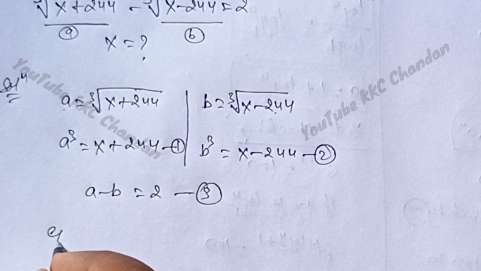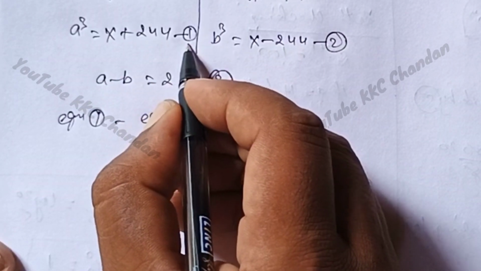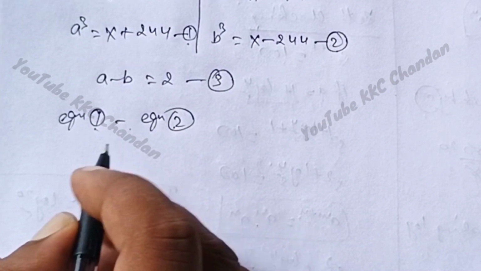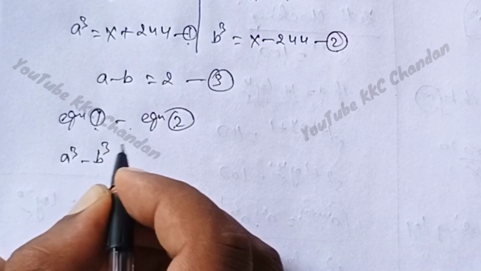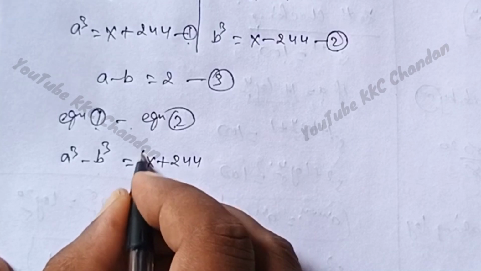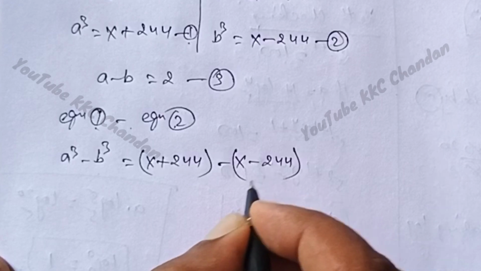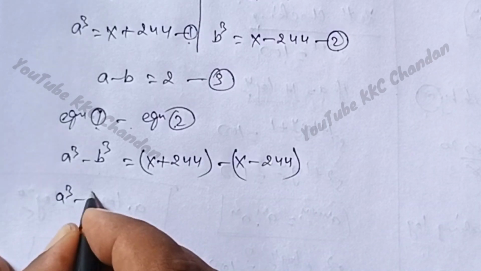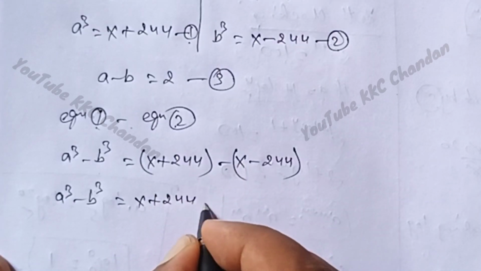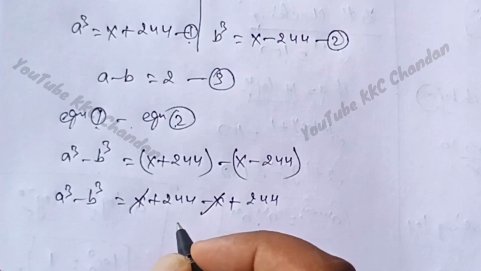Next step, equation 1 minus equation 2. This is equation number 1, this is equation number 2. So A cube minus B cube is equal to how much? x plus 244 minus (x minus 244), that is x plus 244 minus x plus 244. x cancels, left it.